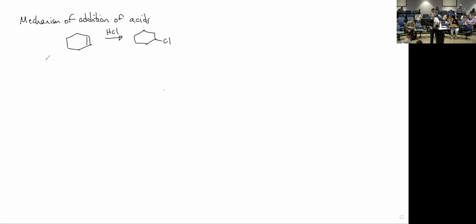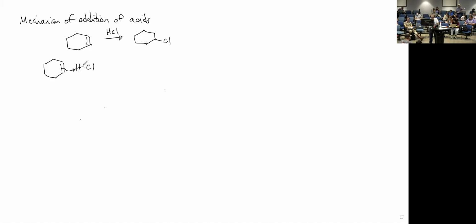The way the mechanism works is we start with our alkene, and the acid molecule is going to line up with the alkene molecule such that the H of the acid, the proton, if you will, is right close by to the alkene double bond. And what happens is the electrons, the 2 electrons in the alkene pi bond, will swing out and pick up H plus from the acid.